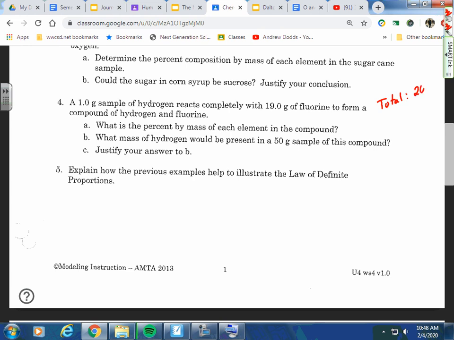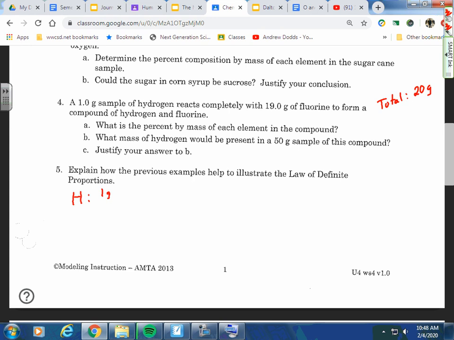So the total is going to be 20 grams. If I want to find what percentage by mass of each element, hydrogen and fluorine, I'll start with hydrogen. And how much of that 20 grams was hydrogen? 1 gram, right? So I'm going to do 1 gram.